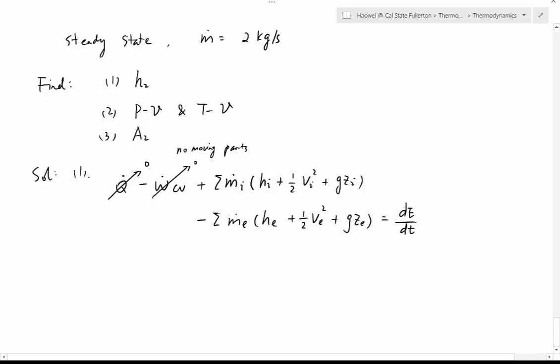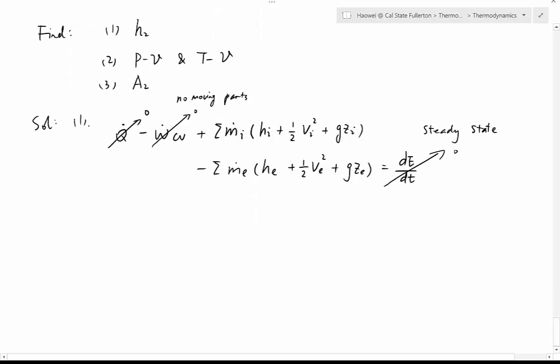And then there's one more thing we can do, that is steady state. Nothing changes over time. Right-hand side goes to 0. The reason is steady state. Okay, so now we can simplify this equation. Because this system only has one inlet and one outlet, there's no need for us to use sigma. And because for inlet we use number 1, we change subscript i to 1.